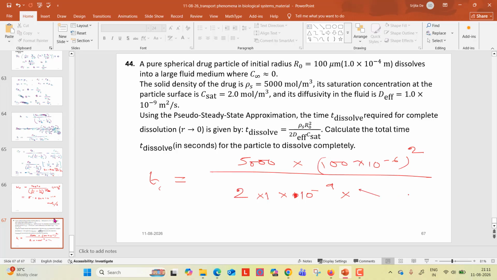So it is coming as 5000 into 100 into 10 to the power minus 6 whole square divided by 2 into 10 to the power minus 9 into 2. So it is 12500 seconds. Okay.